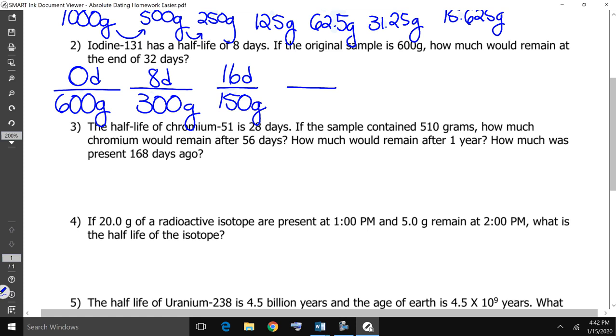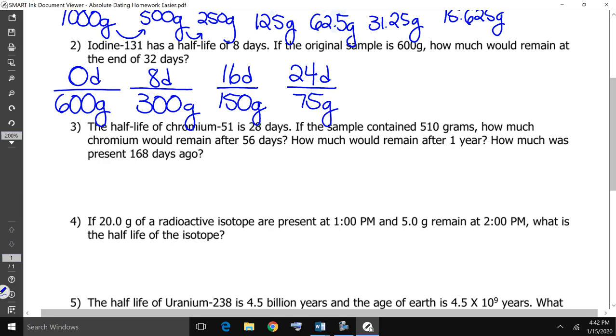They get the answer of 75 grams, which is not right. Because again, we're adding the days, not multiplying by 2. Okay, so 8 plus 8 equals 16, plus 8 equals 24. So our third half-life is 24 days, 75 grams.